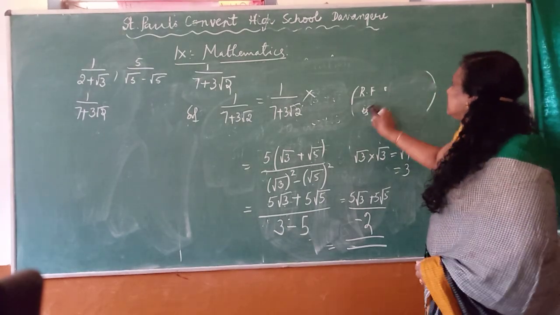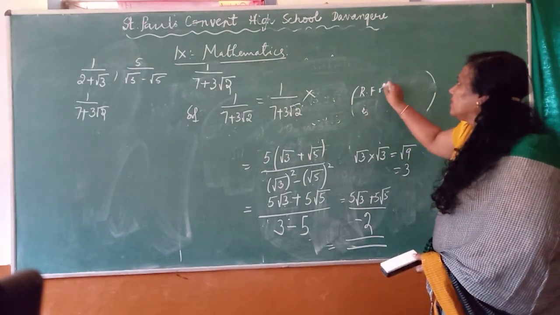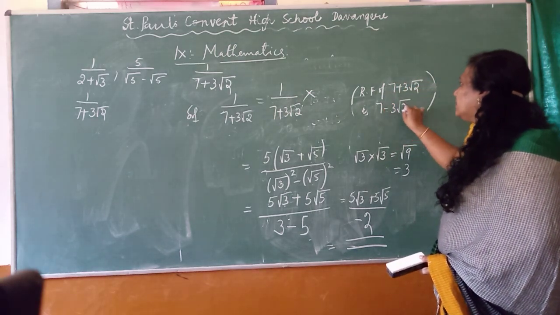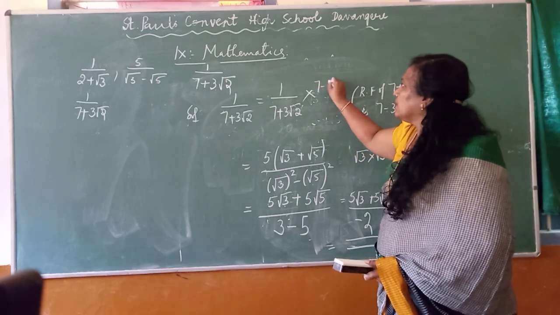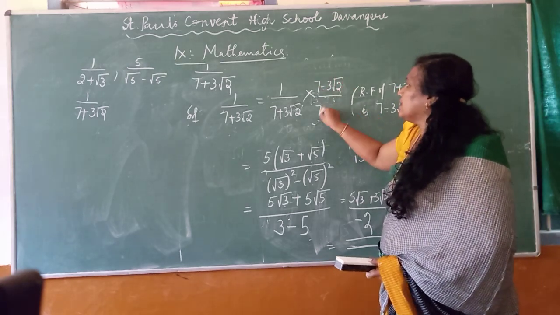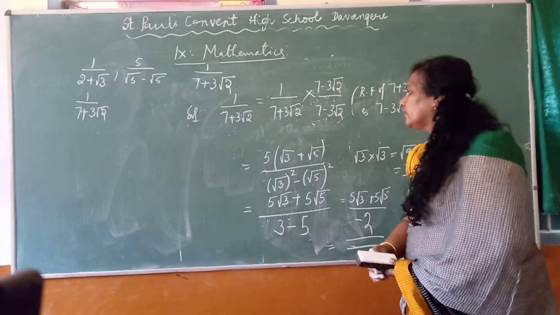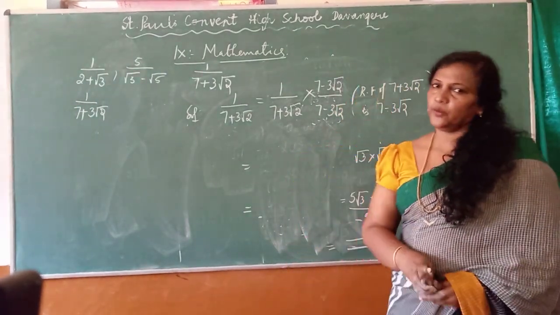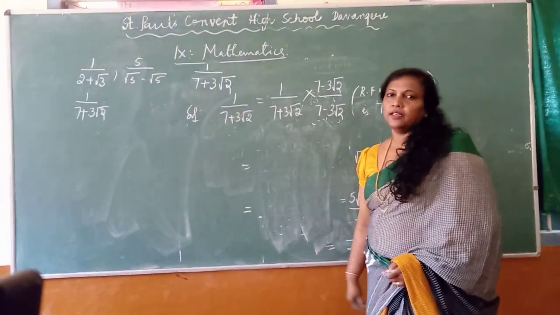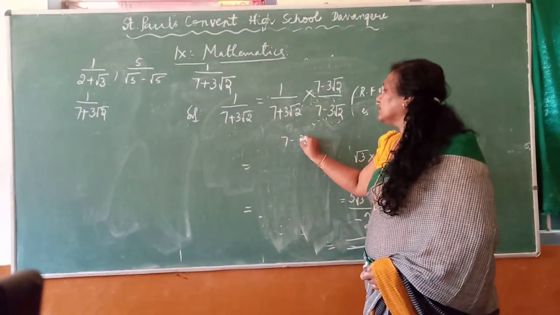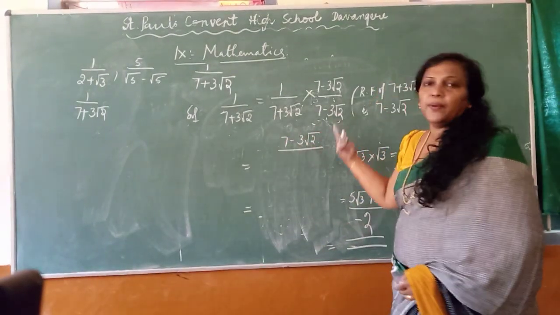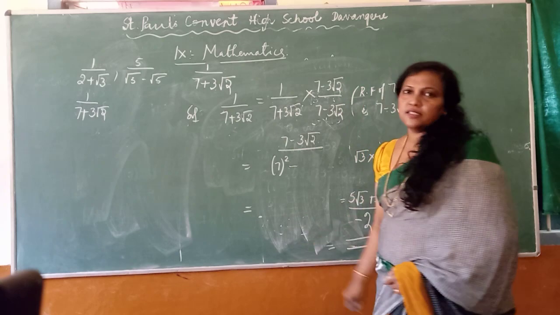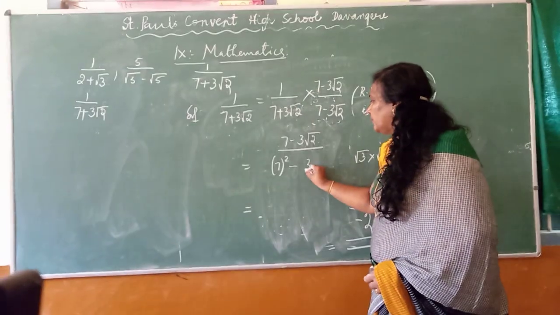The RF of 7 plus 3 root 2 is 7 minus 3 root 2 by 7 minus 3 root 2. Correct? You have to multiply the RF by numerator and denominator. This is a plus b into a minus b. A squared minus b squared, where b is 3 root 2.